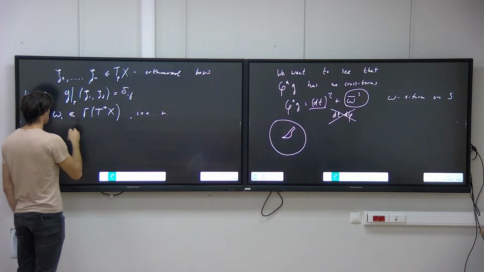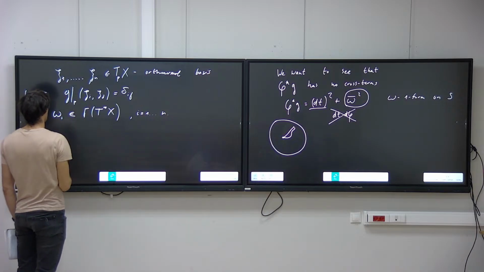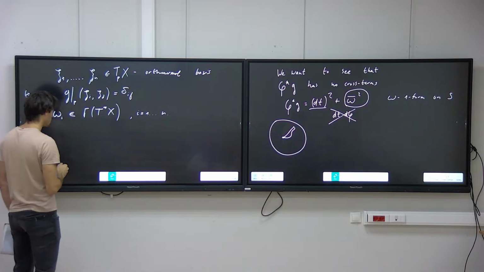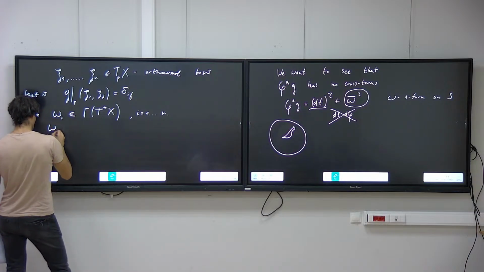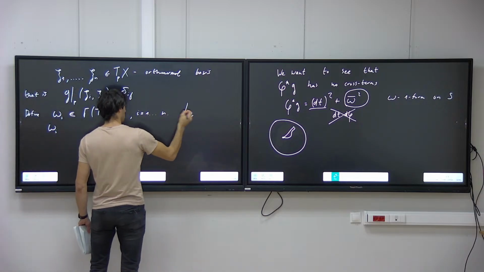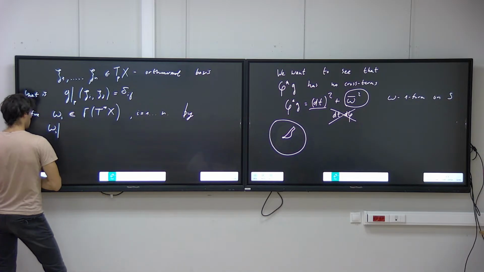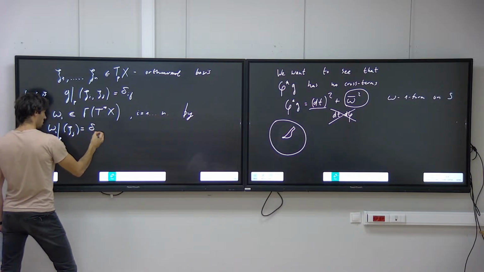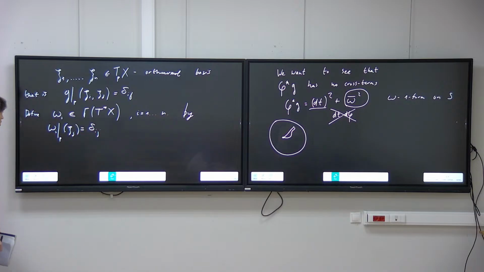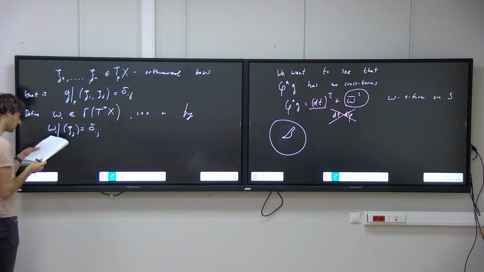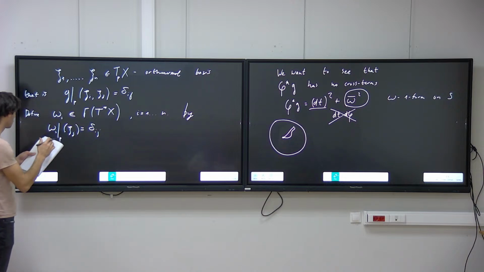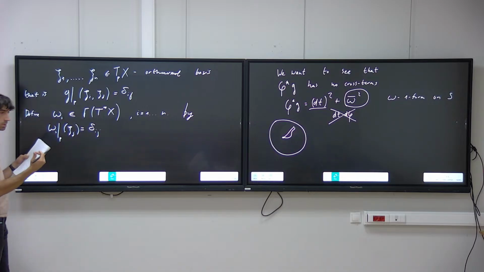So at P, this is just the dual basis to the psi's, right? So omega_i, defined by omega_i at P applied to psi_j is just delta_ij. But at any other point, I will just use parallel translation to go from point P.